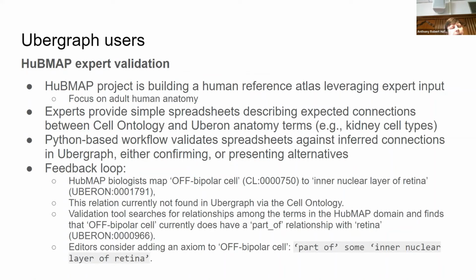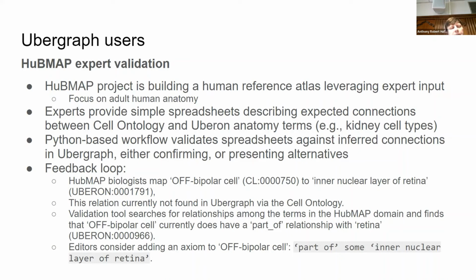There's a project called HuBMAP, which David Osumi-Sutherland at EBI is involved in. And they're building this human reference atlas with expert input. And so they've built this Python workflow that is based on Ubergraph, where the experts provide these spreadsheets describing expected connections between terms that are part of their atlas.